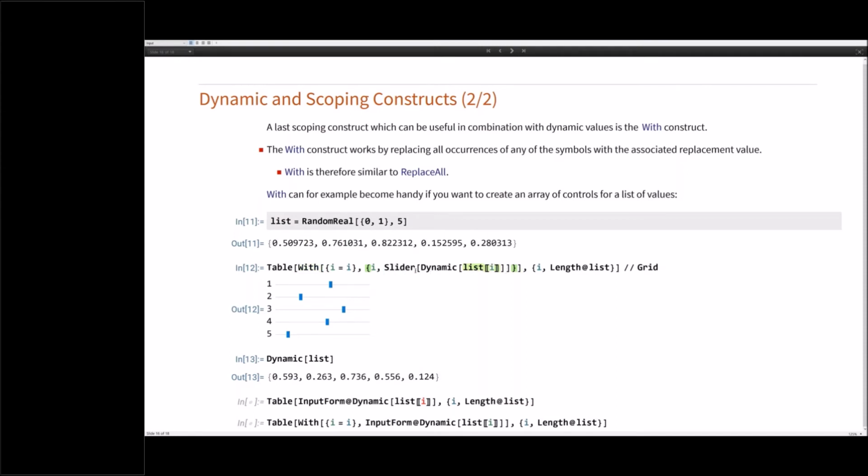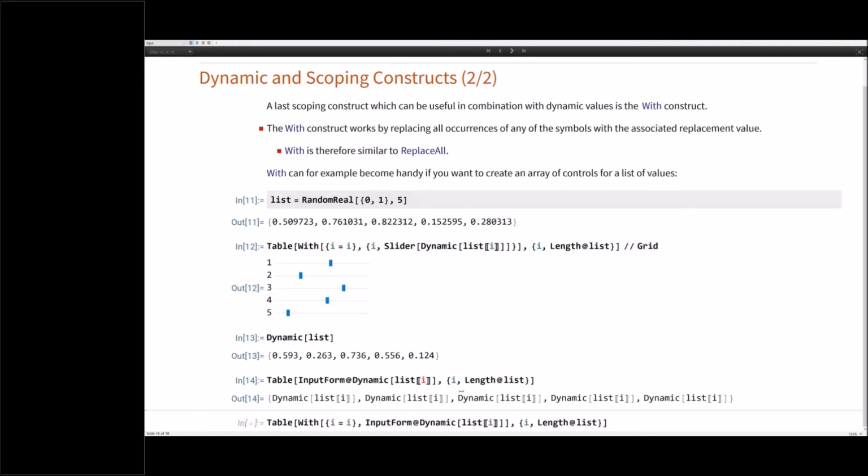And if I do not use this With construct here, what I get is a problem, because I'm trying it here. If you use Table with Dynamic list i, Mathematica also gives you a hint that this is a problem. Because Dynamic has the attribute HoldFirst, this i here will not be evaluated.